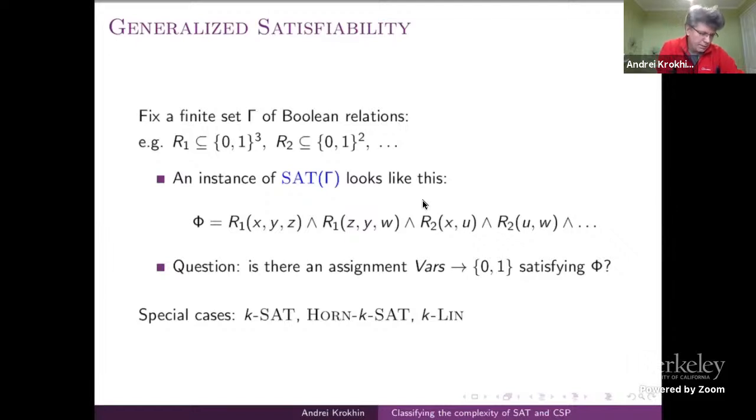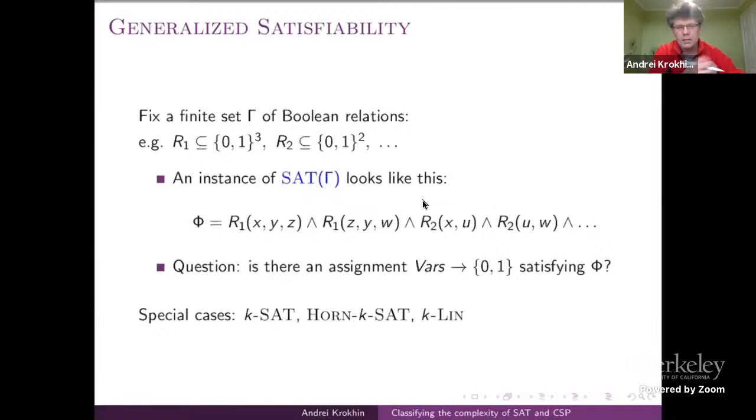So you take some tuples of variables and apply your relations to them. And then the question is whether there is an assignment from the variables to 0 and 1 that satisfies phi, meaning that for every, say, the values of x, y, and z, this triple belongs to R1, and so on.